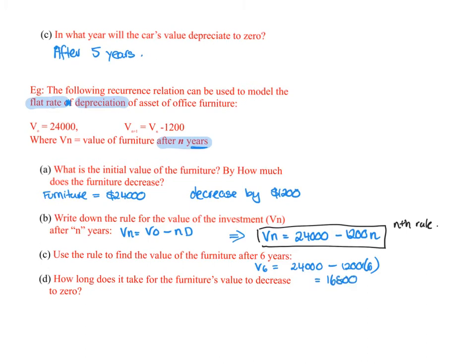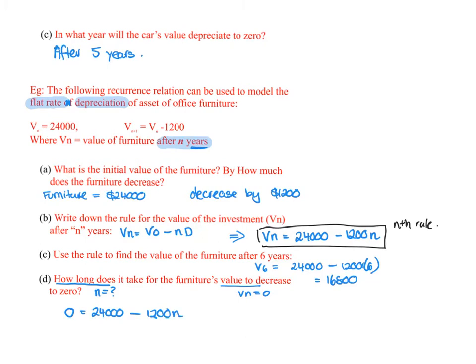And how long does it take? So always start going like this. How long? That means n is the question. Does it take it to the value? So you want Vn to equal 0. So you can pop that into your Vn formula. You can say 0 equals 24,000 minus 1,200 times n.